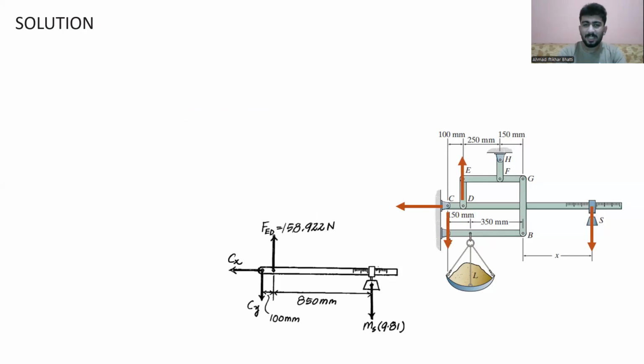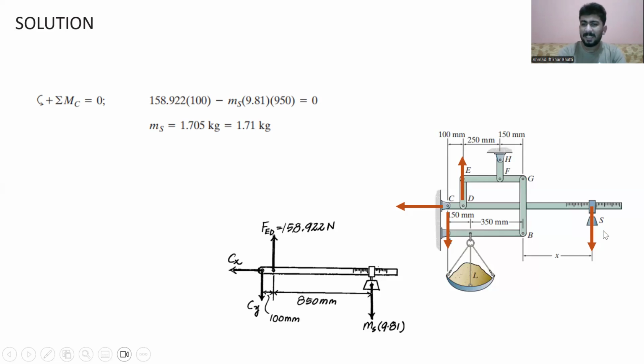So our goal is to find the weight at the counterweight S. So now we have the force in the member ED, so now we can find the mass that is acting at the counterweight S. You see, we have force in member ED of about 158.922 newtons, and we have a perpendicular distance of 100 millimeters, while the weight that is acting at point S, you can say ms multiplied by 9.81, and we have a horizontal perpendicular distance of 950 millimeters, and it is negative because it is also moving in the clockwise direction.